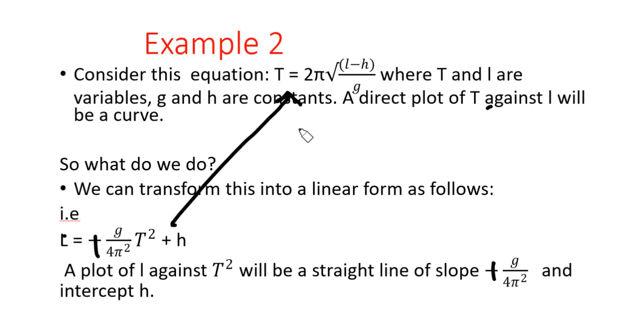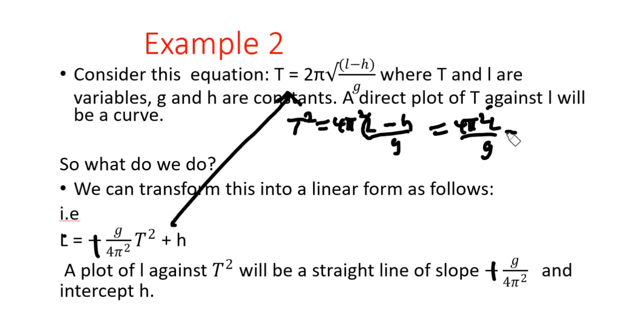If we square both sides, we have T squared equals 4 pi square times L minus h upon g. So we have 4 pi square L upon g minus 4 pi square h upon what? g.